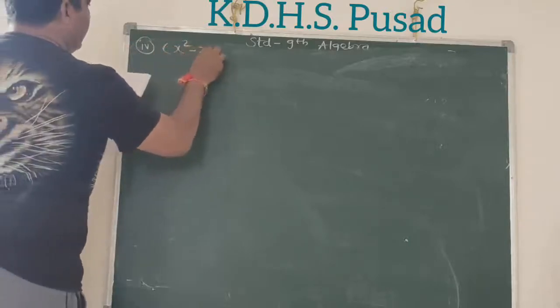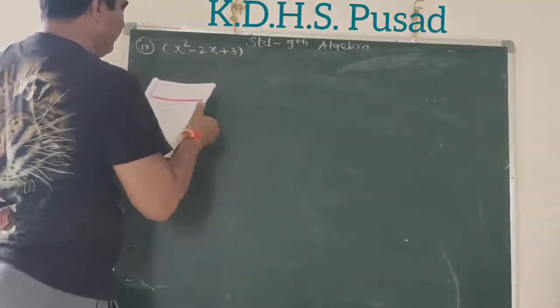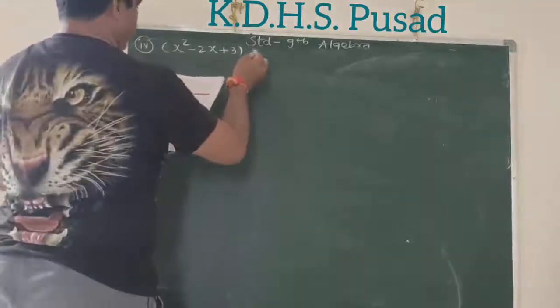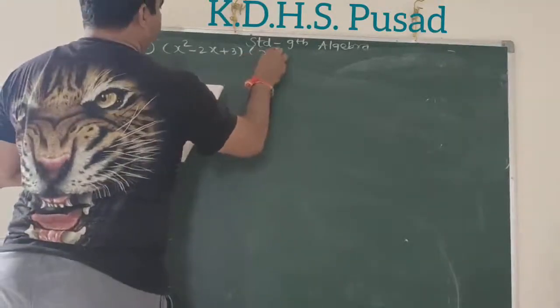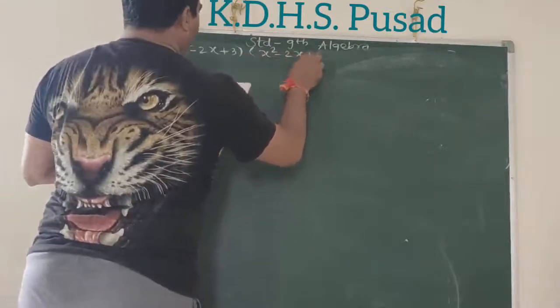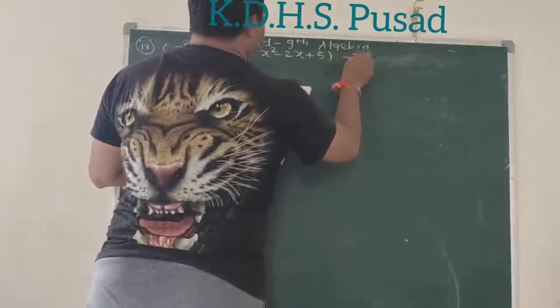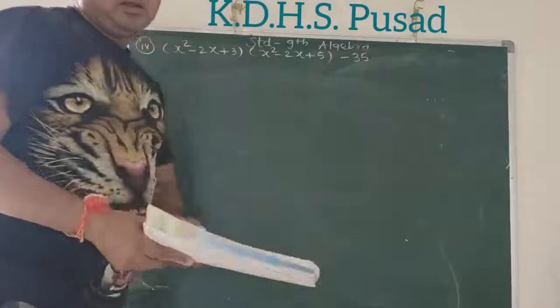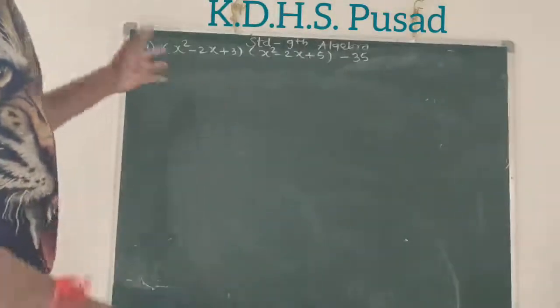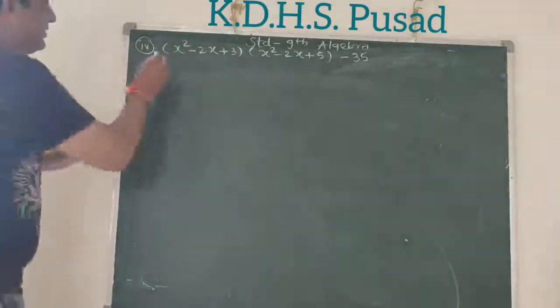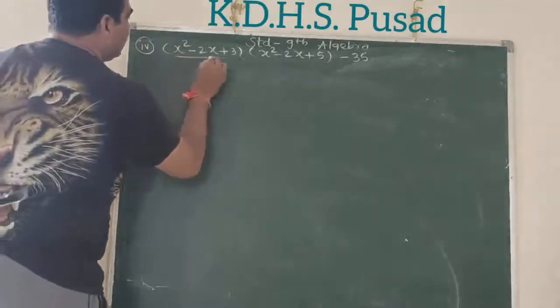x square minus 2x plus 3, next bracket, x square minus 2x plus 5, and then minus 35. Now you will decide, in this nothing is common. Check this.